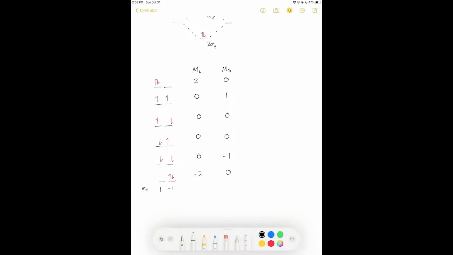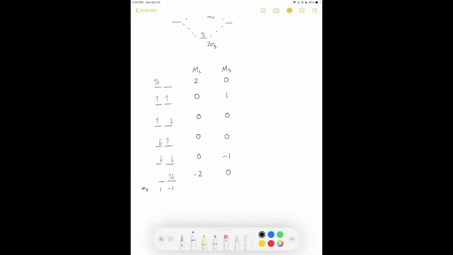So what can we say about these states? Well, first we'll note that we don't have any M sub L equal to 1. So in this case, we don't have all of the possible combinations like we expect and like we see in atomic orbitals. We only see a subset of these.